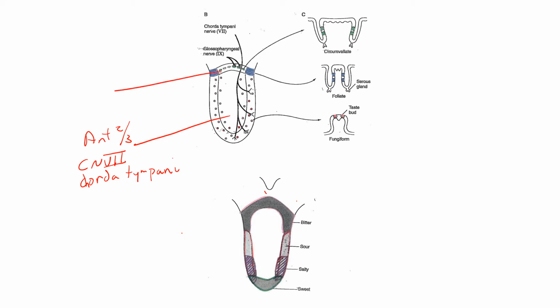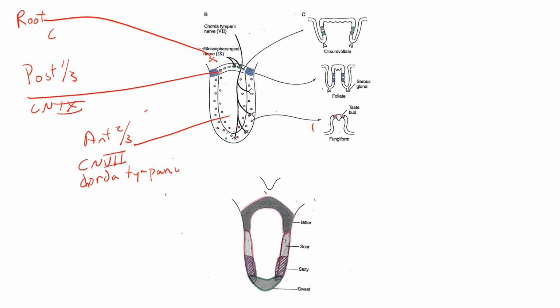The posterior 1/3 of the tongue is going to be innervated by cranial nerve 9. And then finally, the root of the tongue, or sometimes referred to as the epiglottic tongue, is going to receive sensory innervation for taste from cranial nerve 10.